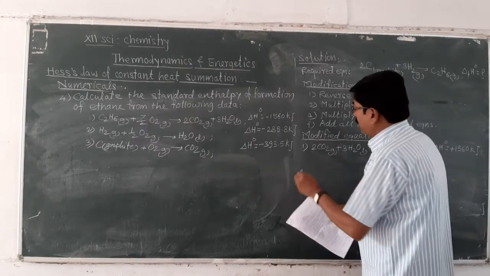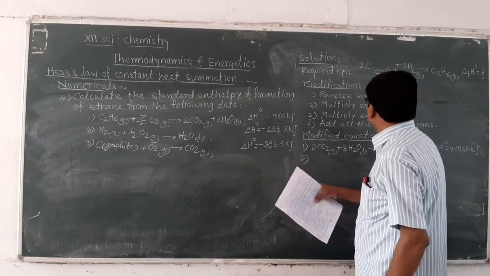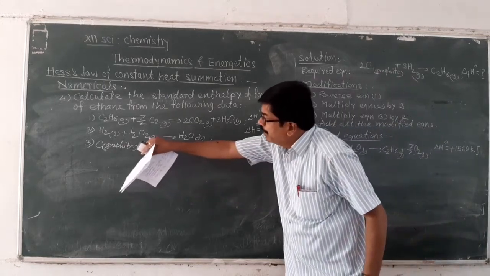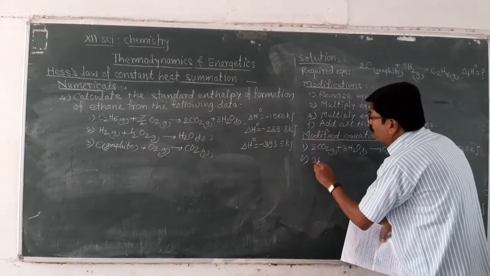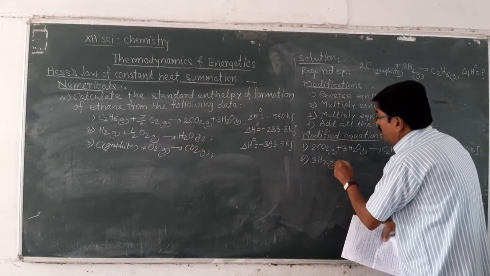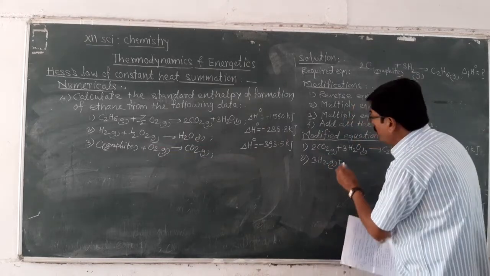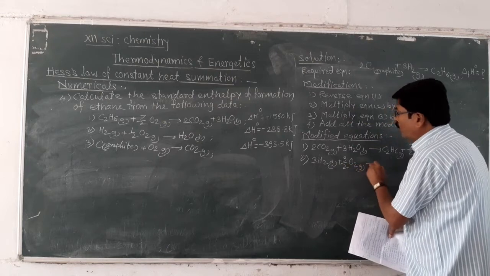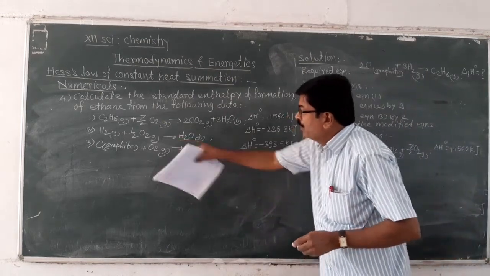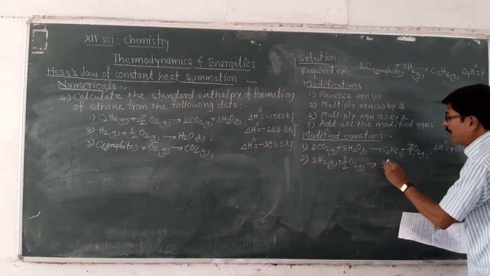Now second, multiply equation 2 by 3. That means we have to obtain 3 H2 gas plus 3/2 O2 gas gives 3 H2O liquid.